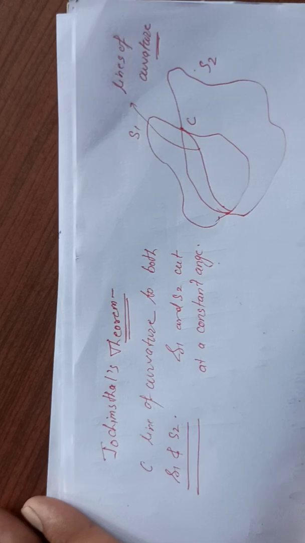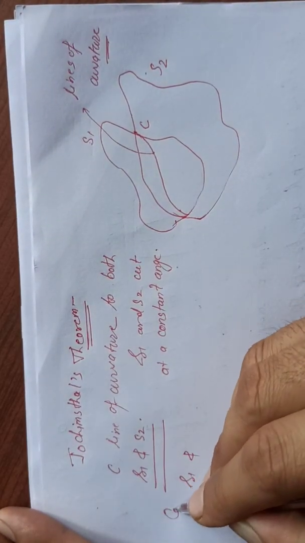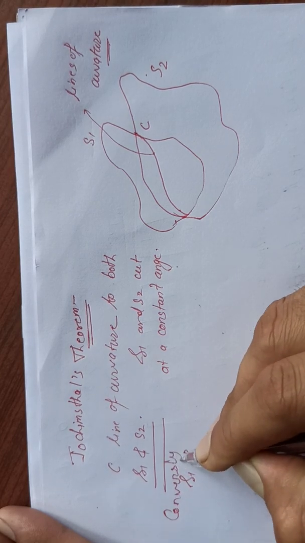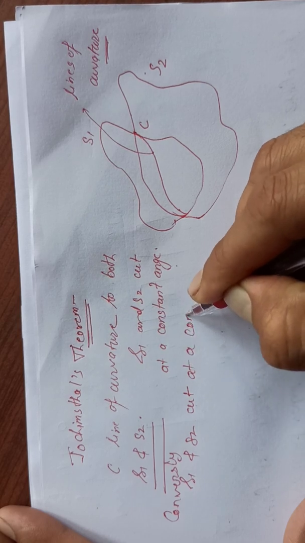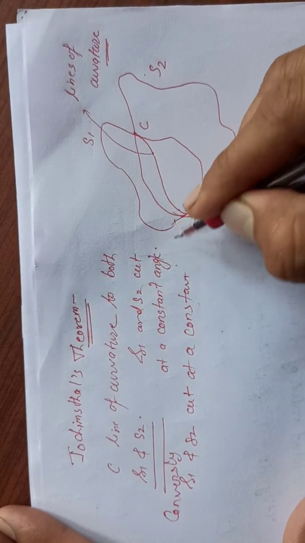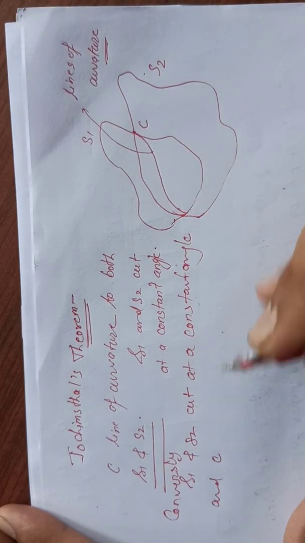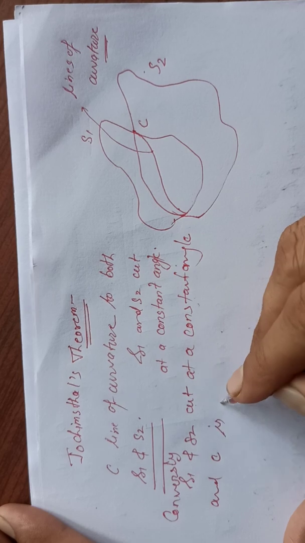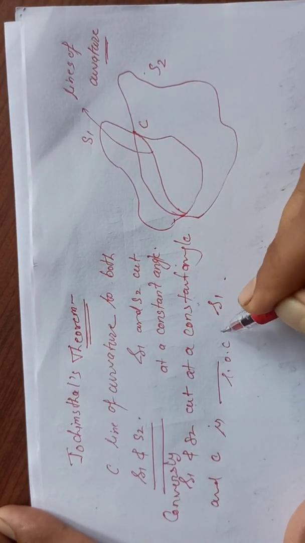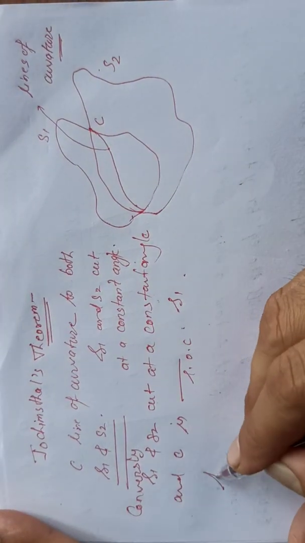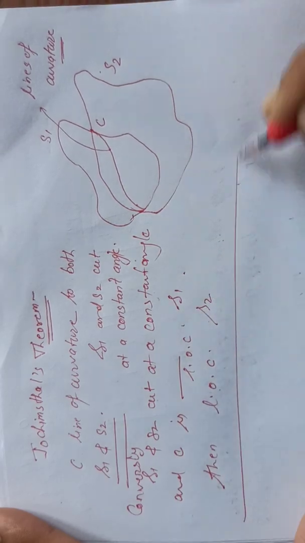Also conversely, if two surfaces S1 and S2 cut at a constant angle, and this curve of intersection C is a line of curvature to one of the surfaces, say S1, then it is also a line of curvature to the second surface.